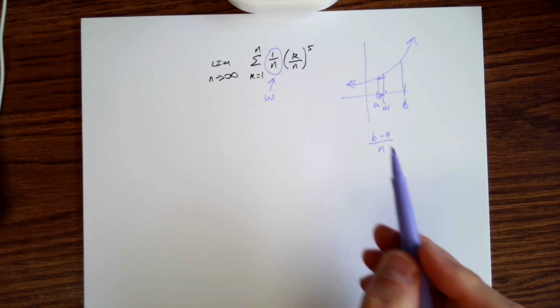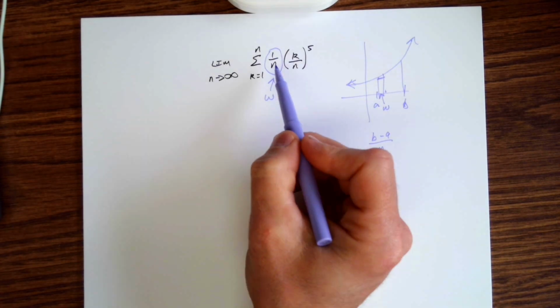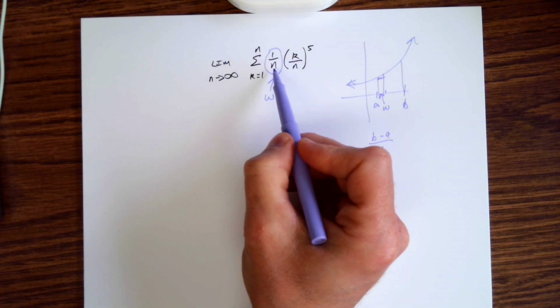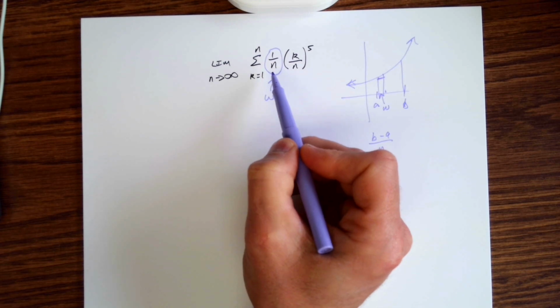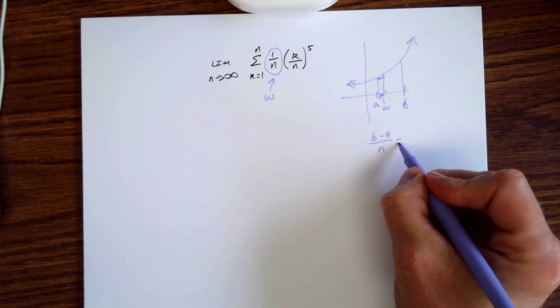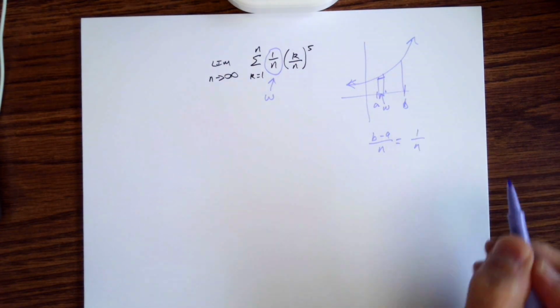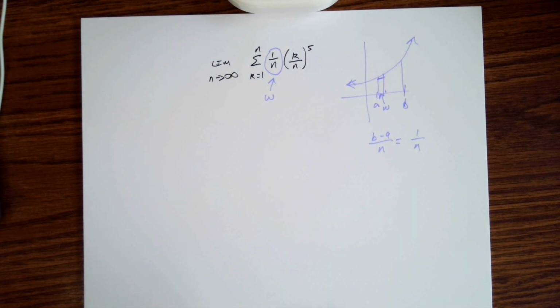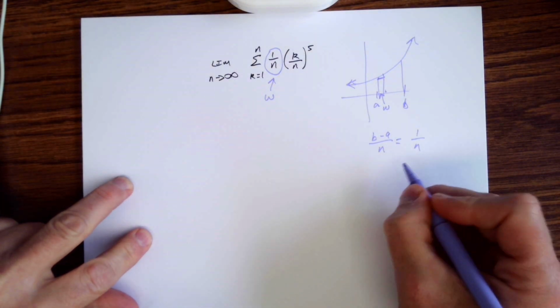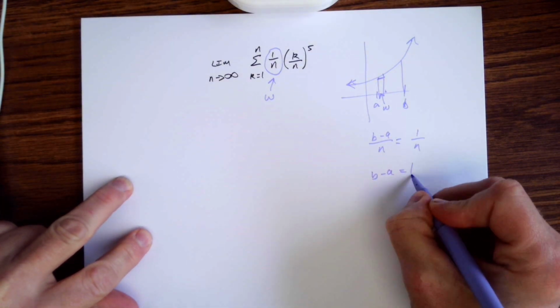All right, so we have the width down. Well, if the width is 1 over n, it's actually giving us a pretty good indication. So this is what we're dealing with, 1 over n. That's what that is equal to. Well, that's a pretty good indication of what the value of b minus a is, right? Both the denominators are the same, so b minus a is equal to 1.